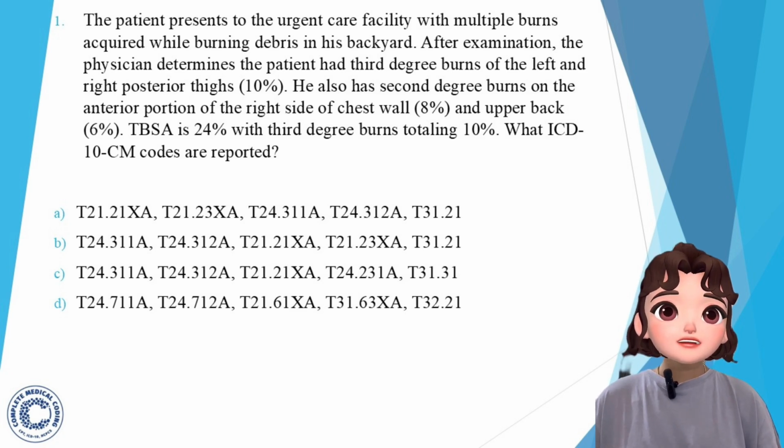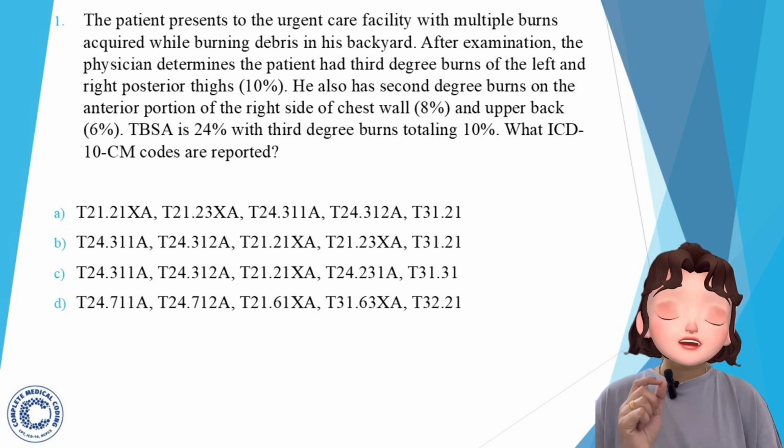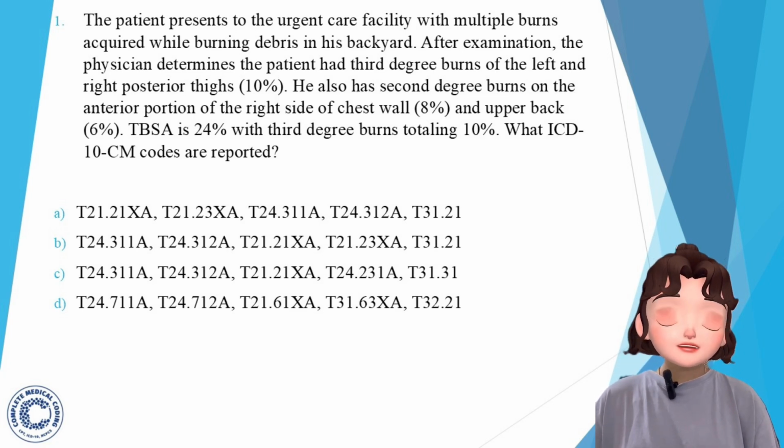If you look at the options, I will tell you how to eliminate the incorrect options. Since you have to code for third-degree burn, the number 3 will come immediately after the decimal point. And for second-degree burn, the number 2 will come immediately after the decimal point.